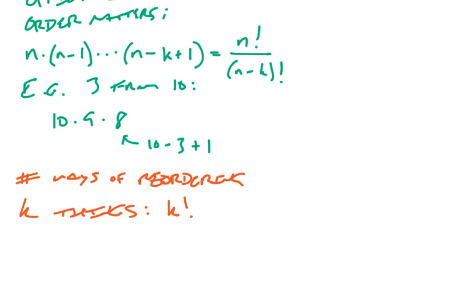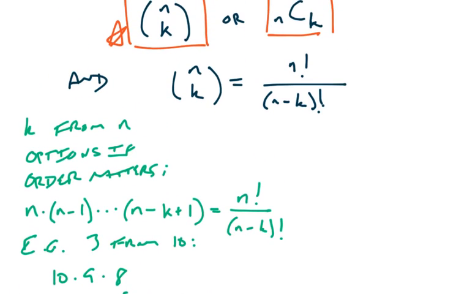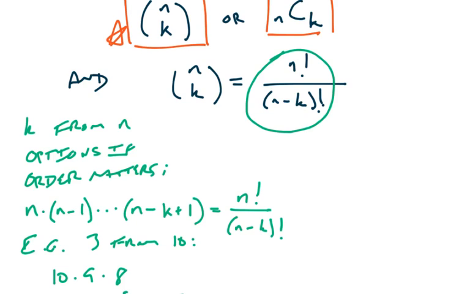It turns out to be k factorial ways. Alright, so what we need to do up here, first we've got the number of ways of choosing k things if order matters, and what we need to do next is divide this by k factorial. Right, and this division by k factorial accounts for dividing out the number of ways that those things could be reordered.